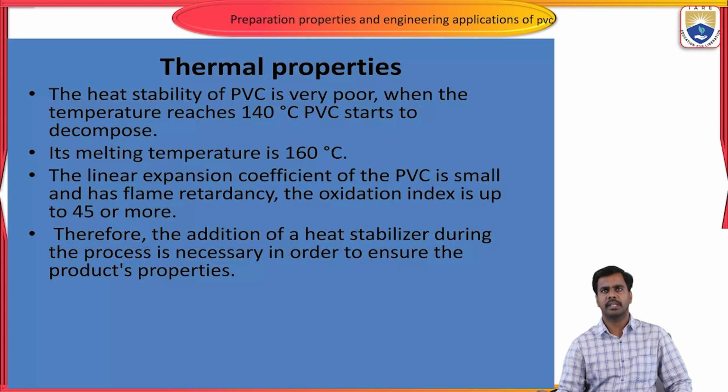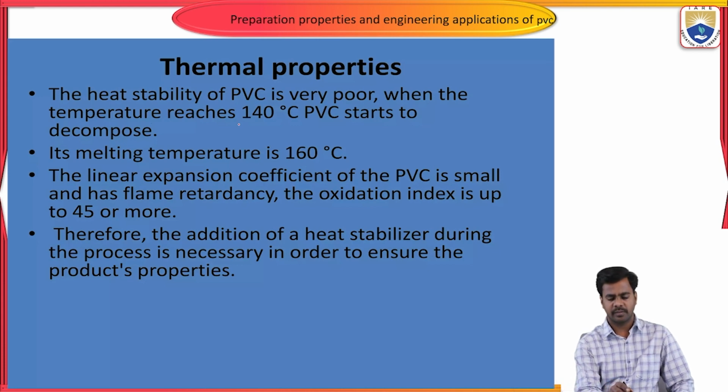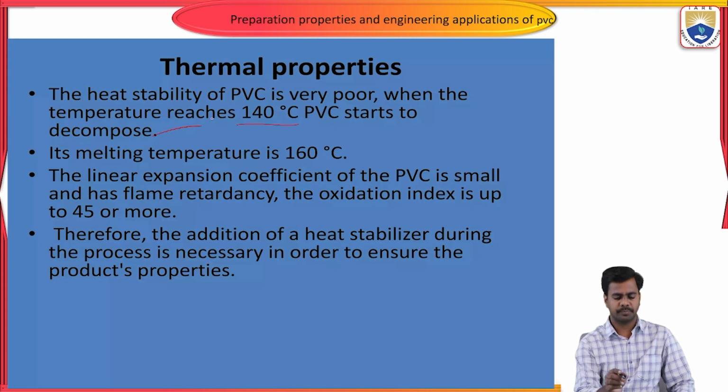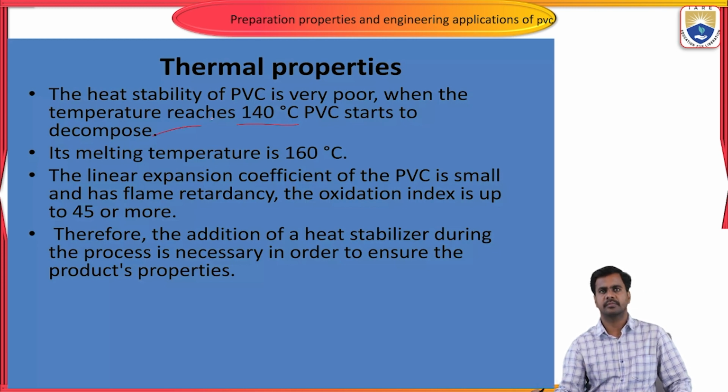And some thermal properties of PVC. The heat stability of PVC is very poor when the temperature reaches up to 140 degrees centigrade. PVC starts to decompose. The melting temperature is 160 degrees centigrade.